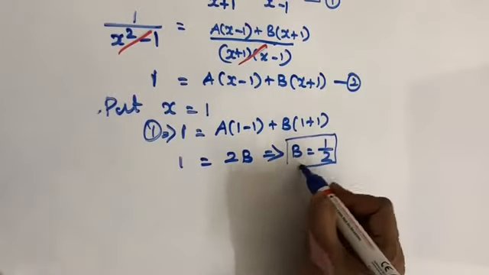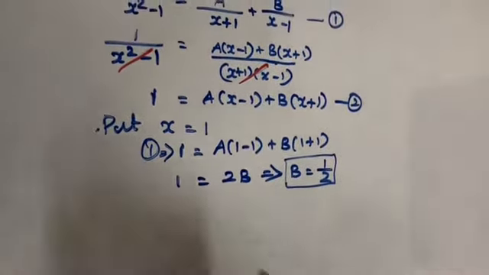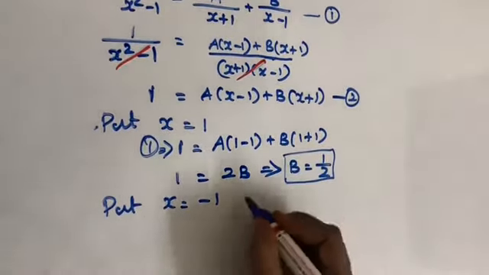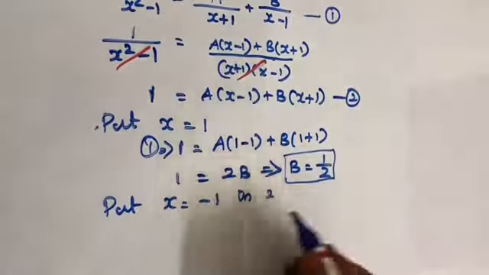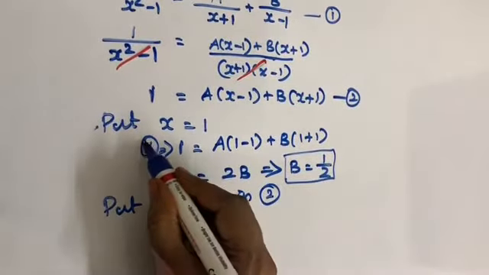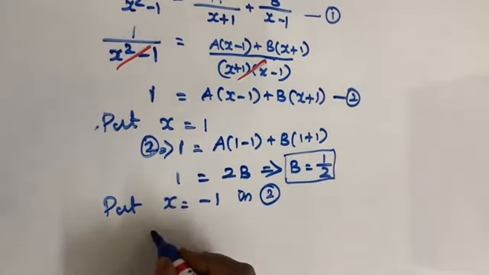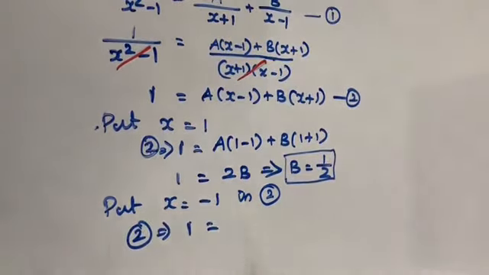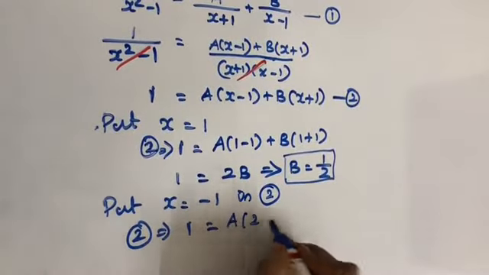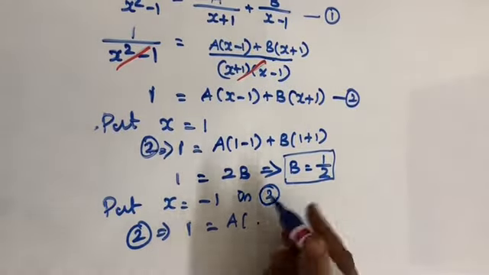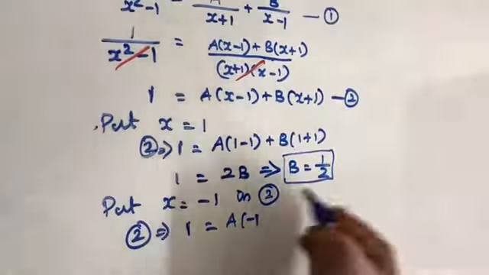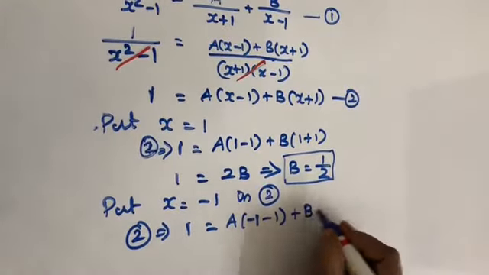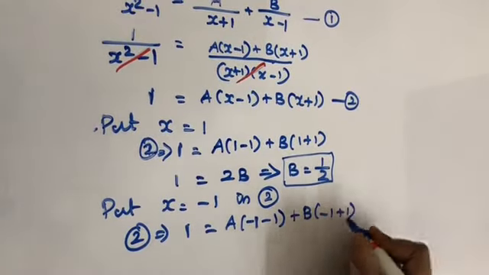Now we found the value of b. Now I am going to put x is equal to minus 1 in equation 2. So 2 becomes 1 is equal to a into minus 1 plus b into minus 1 plus 1.